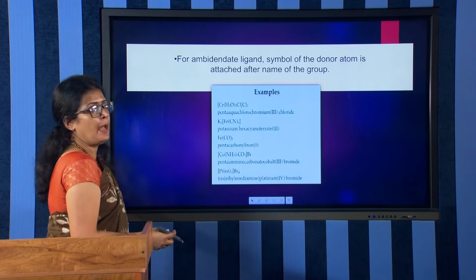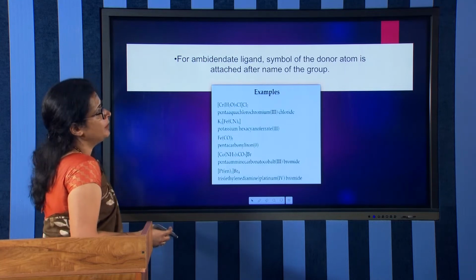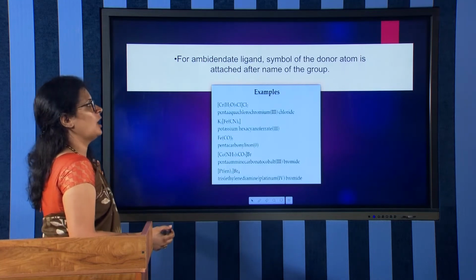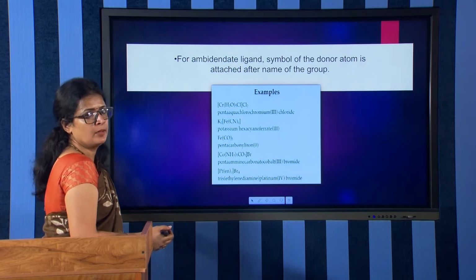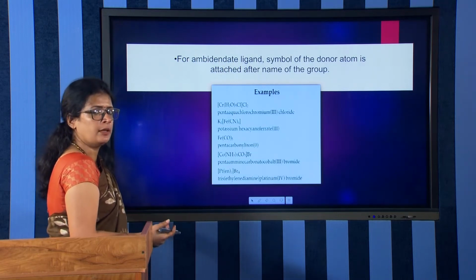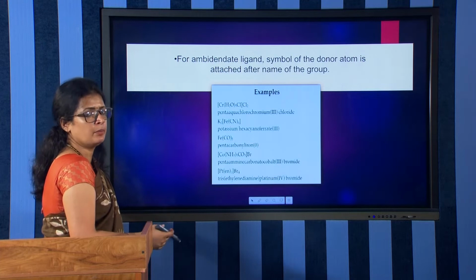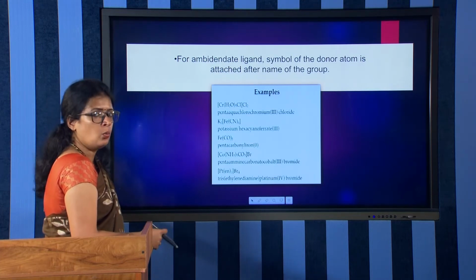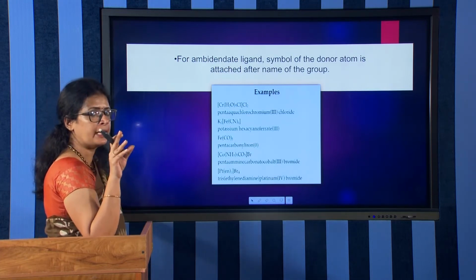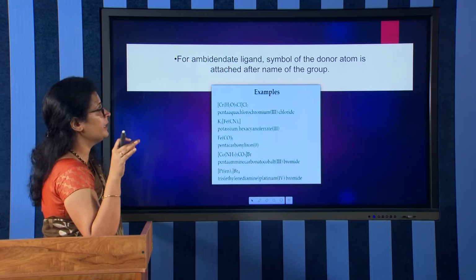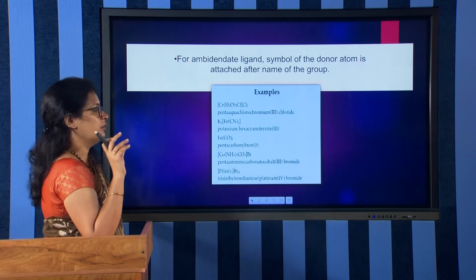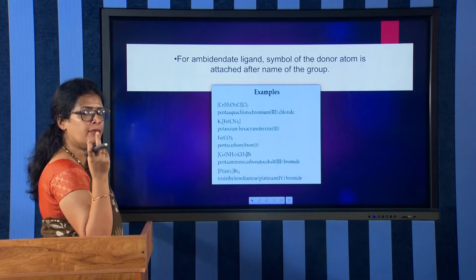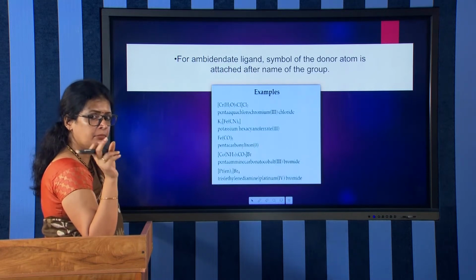Now for the ambidentate ligand, the symbol of the donor atom is attached after the name of the group. We have already discussed what an ambidentate ligand is. Ambidentate ligands contain 2 donor atoms, but only one will be attached to the central metal atom at a time. And while naming them, we have to name the group followed by the atom through which it is bonded.